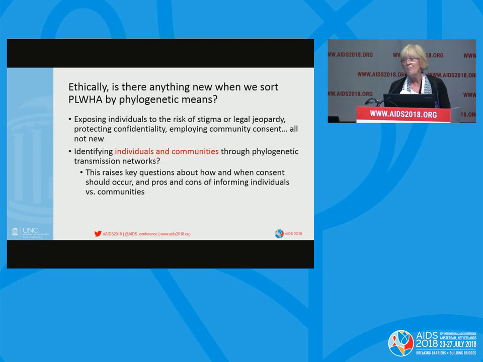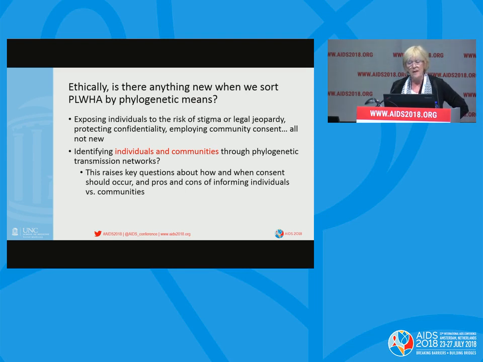And my thought was that a lot of this is not new in HIV prevention research. We've talked for many years about exposing individuals to the risk of stigma or to legal jeopardy, protecting confidentiality, anonymity, employing community consent, which is something that's being rolled out in a variety of places for this kind of new technology.